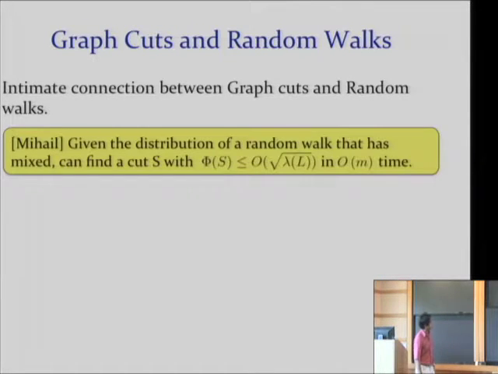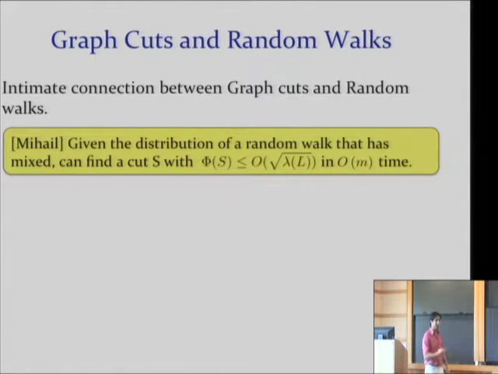The first observation was by Mihail, which said that you can get a Cheeger kind of spectral approximation. You can find a root lambda cut if I give you the distribution of a random walk that has mixed well. Cheeger is usually phrased in terms of the second eigenvalue. If you've seen this, it's fairly standard how you perform a threshold cut.